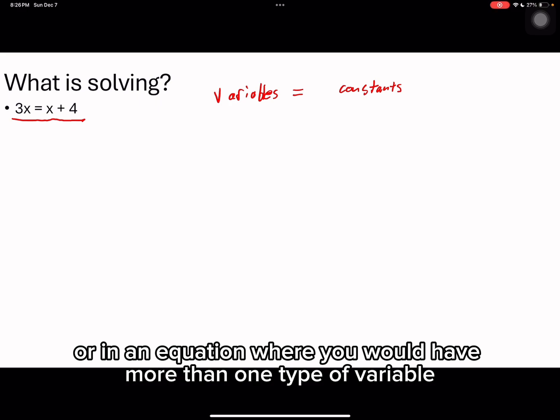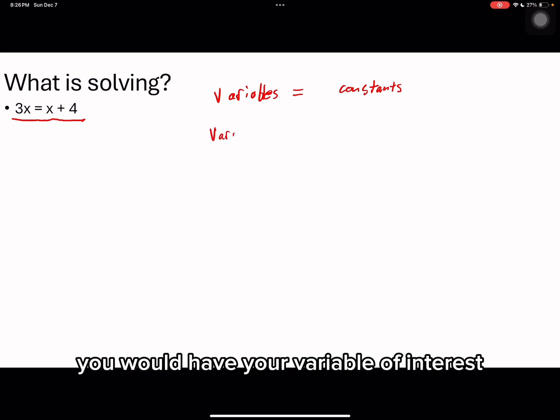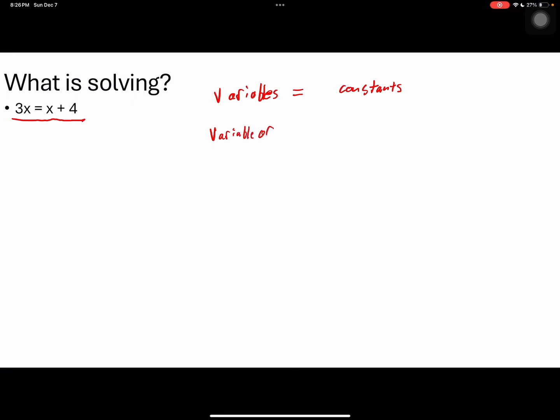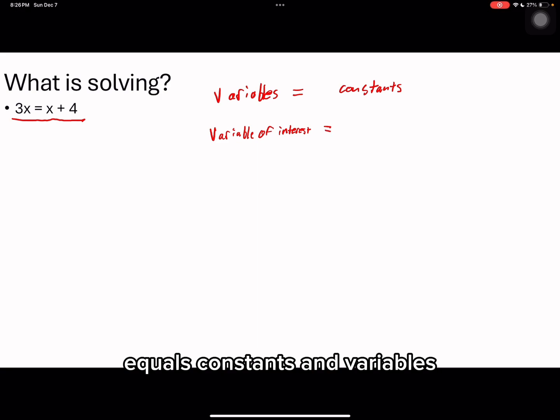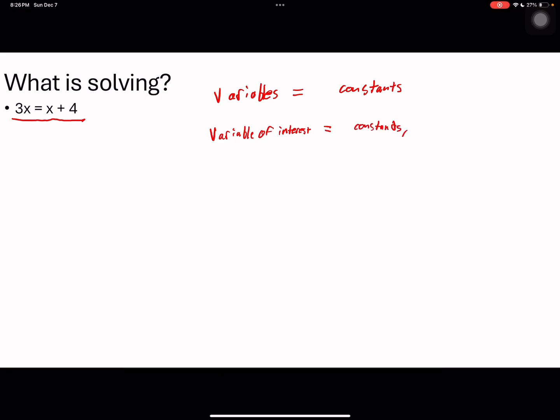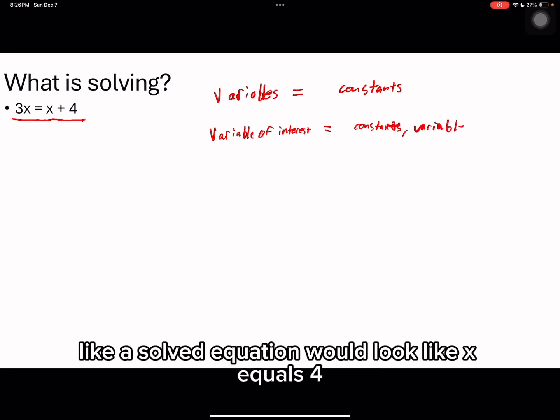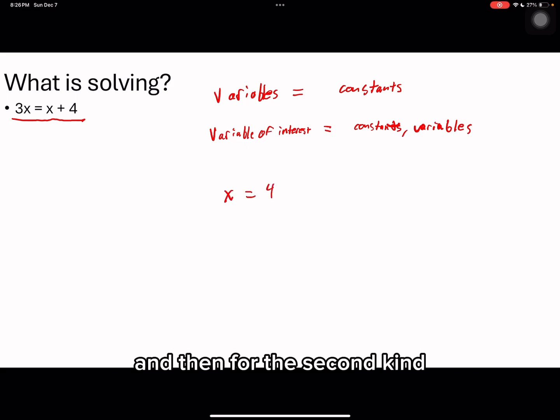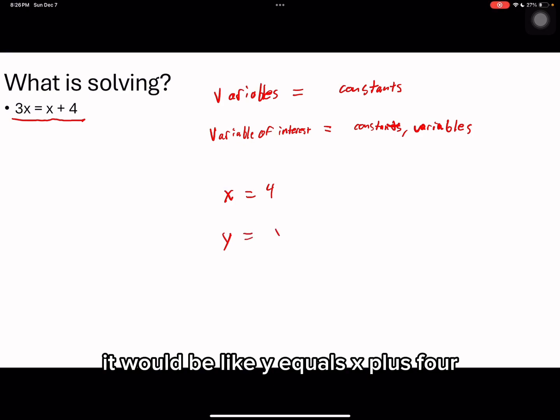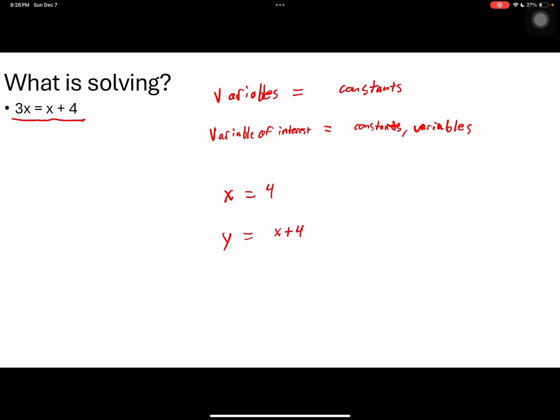Or in an equation where you would have more than one type of variable, you would have your variable of interest equals constants and variables. So an example of a solved equation would look like x equals 4. And for the second kind, it would be like y equals x plus 4.